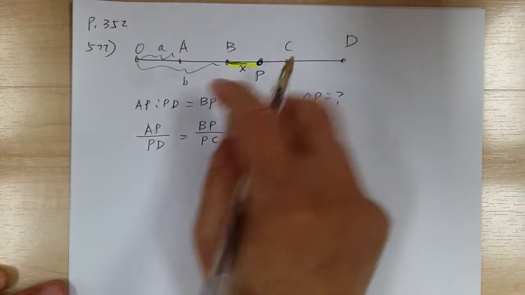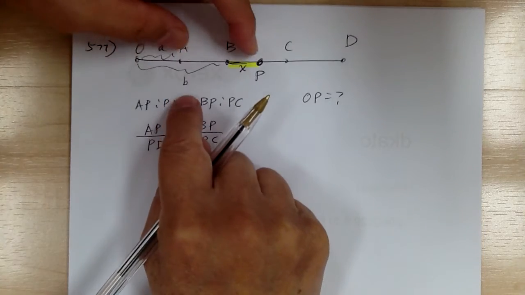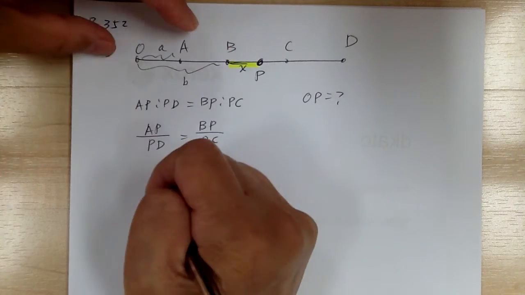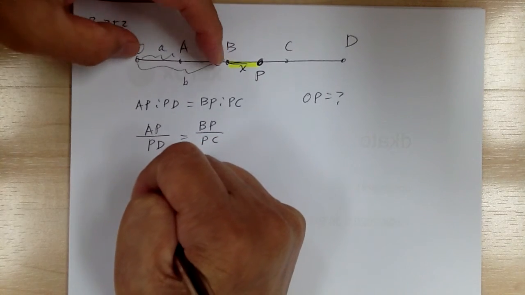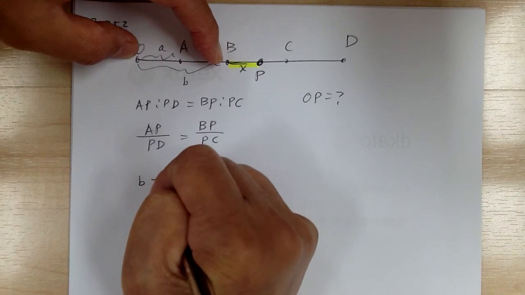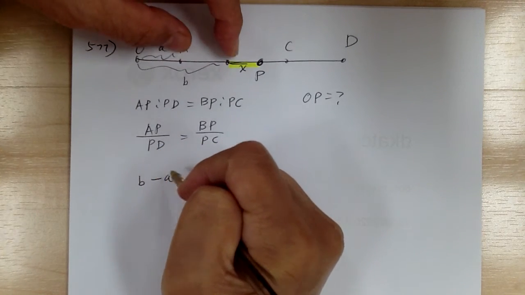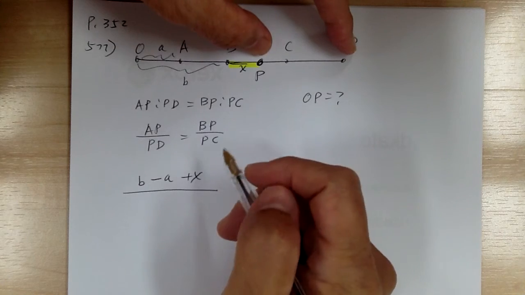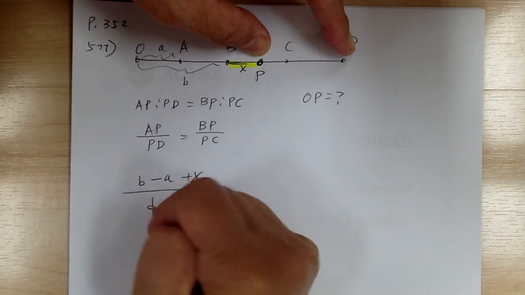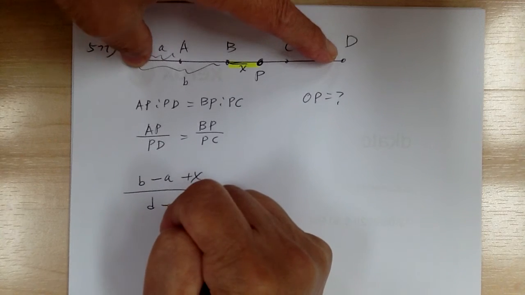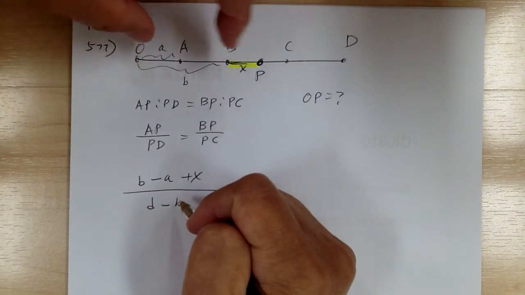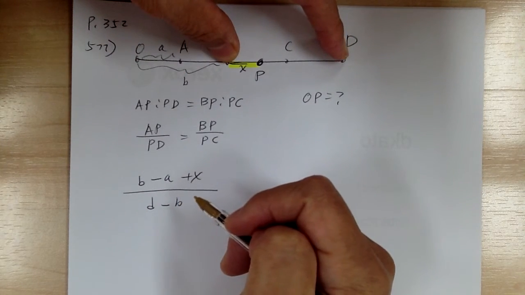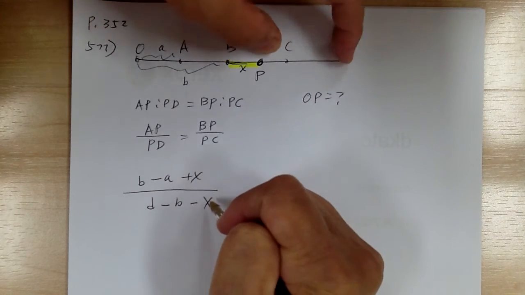So next, AP would be equal to B minus A, which will give you this part, and then you have to plus the X. Now PD, this over here, would be equal to D minus B. So this is B, this is D, so D minus B will give you this over here, and then you have to minus the X to give you the PD.